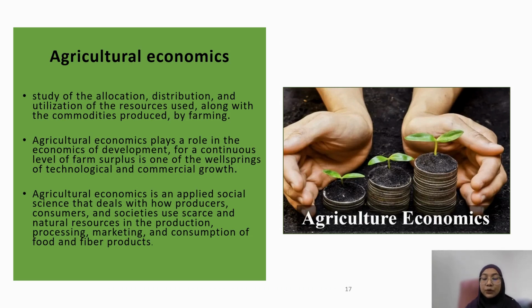Here you already plant your crop and maintain it using agriculture engineering, and at the end you get the yield. The yield will contribute to society and you can get profit and income. Based on that we can consider it as agricultural economics.